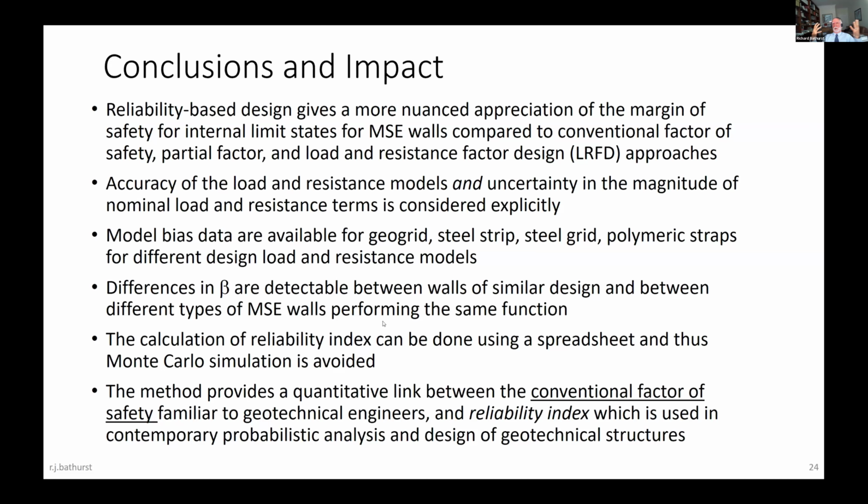Up until this point, there were two solitudes. There were the deterministic factor of safety design people, and there were probabilistic people. But connecting them together was difficult and not understood. So this approach combines the two together.